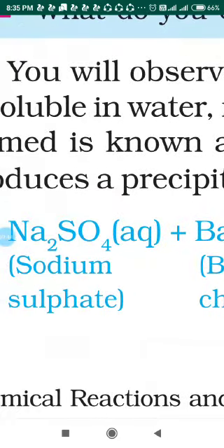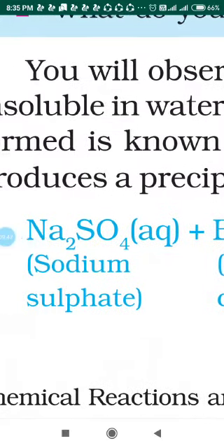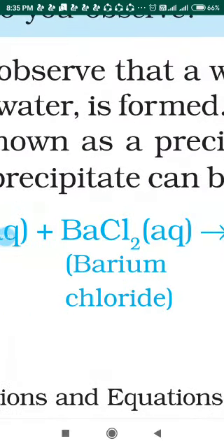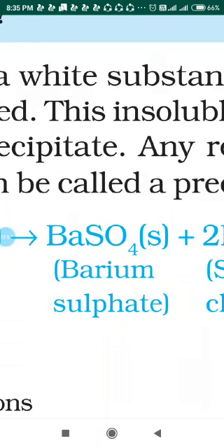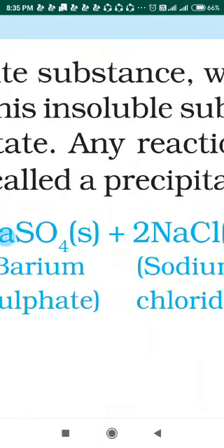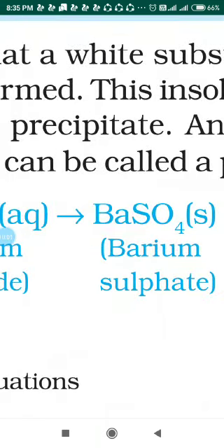When aqueous solution of sodium sulfate is added to aqueous solution of barium chloride, we find that barium sulfate and sodium chloride are formed. In this reaction, barium sulfate is obtained as white precipitate.